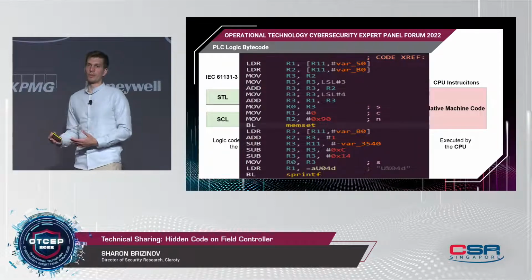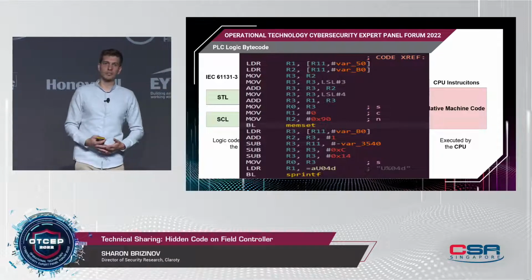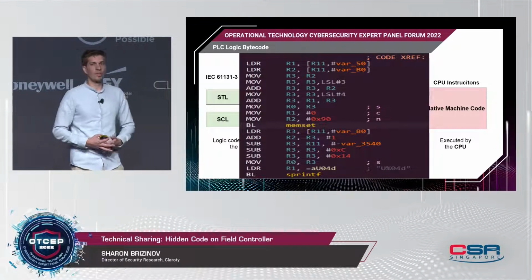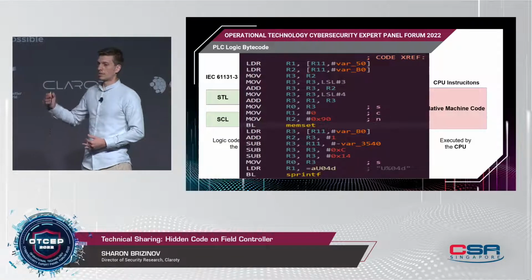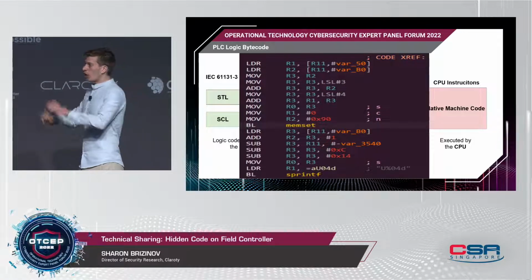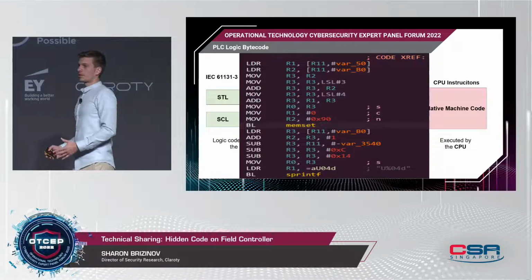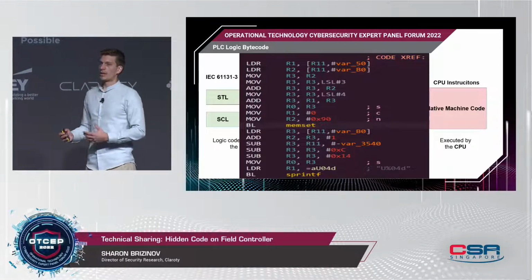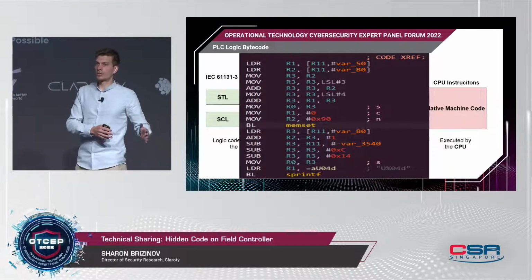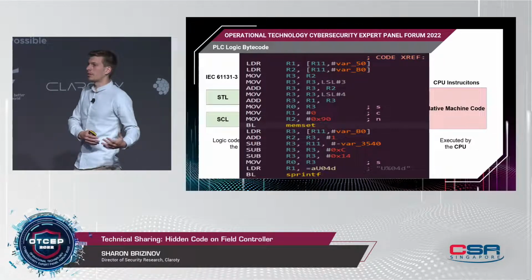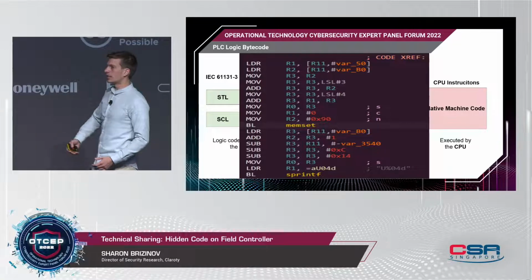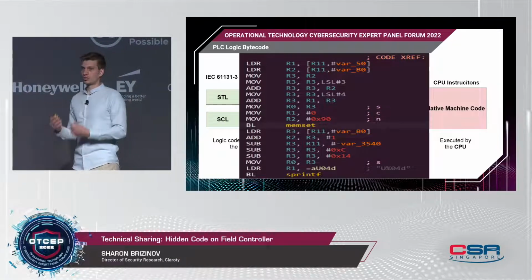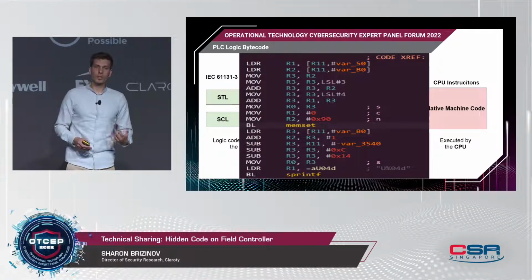And for example, we have ARM processors, we have MIPS processors, we have Coldfire. We have a lot of different processors that will execute our code. So all of these steps together allow us to write our code, what we imagine, what we want the PLC to behave like, and transfer it into actual native code instructions.